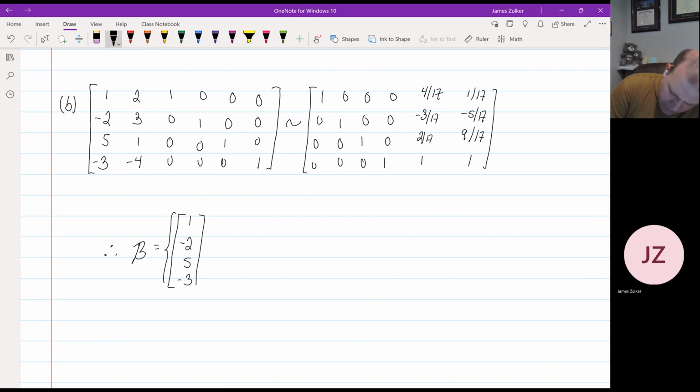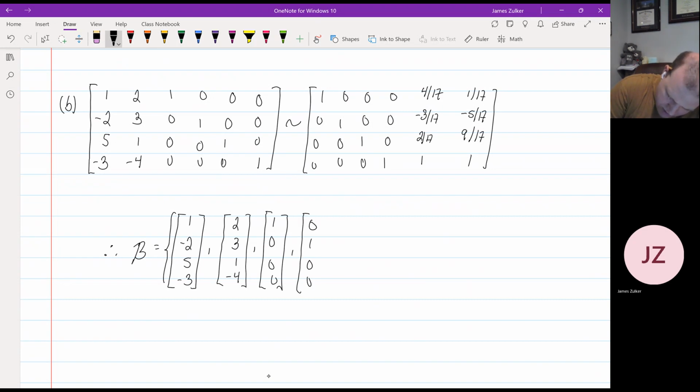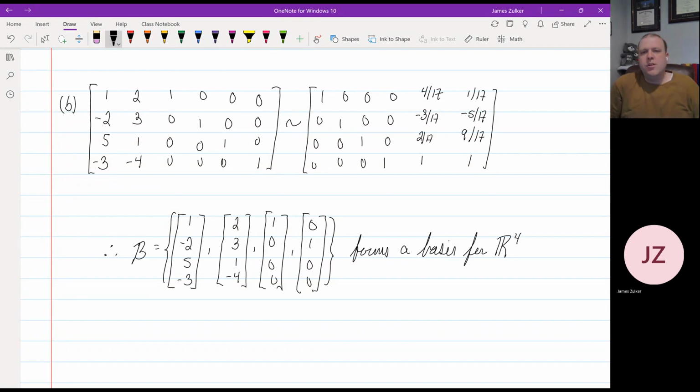And so we just take the first 4 columns of the original matrix. And there's our basis for R4.